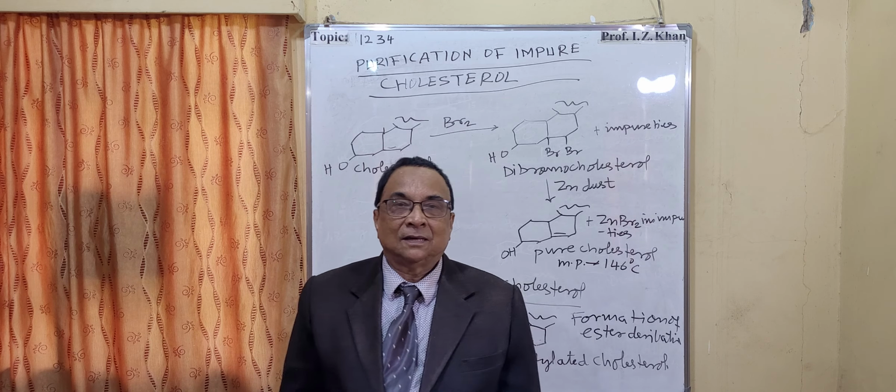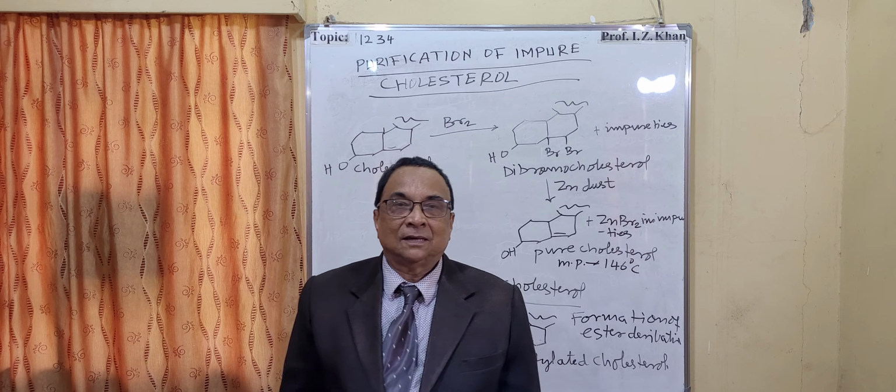So what we are doing first, we take the impure cholesterol and subject it to bromination. We get the dibromo derivative of cholesterol, and that dibromo derivative is again subjected to zinc dust distillation.